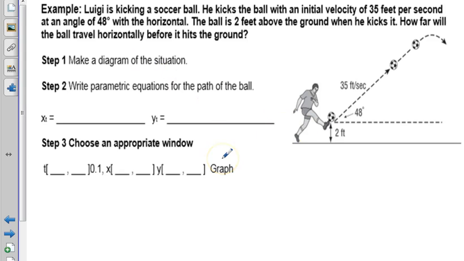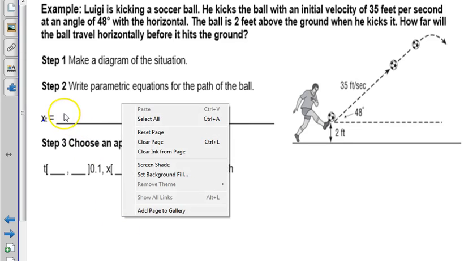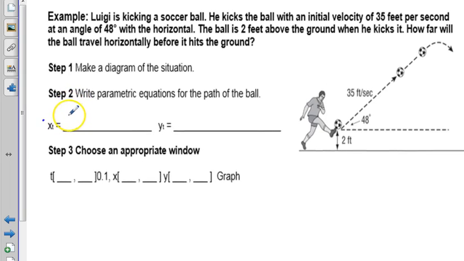All right. We're going to try this one. Quick. What is the x equation going to be off your sheet? It says t, so we're going to have to plug in a t, times the velocity, which is 35 feet per second, times the cosine of 48, and we need to make sure we're in degrees.